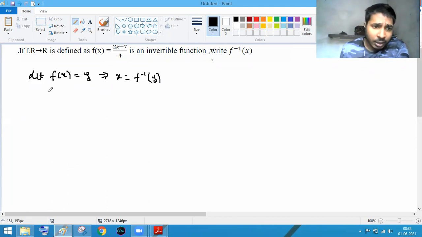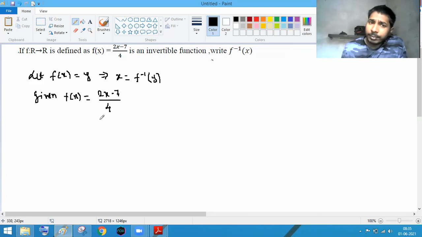Clear with this? Now what is given? Given f of x equal to (2x minus 7) by 4. But we know f of x is equal to y, which I assumed. So y will be equal to (2x minus 7) by 4.